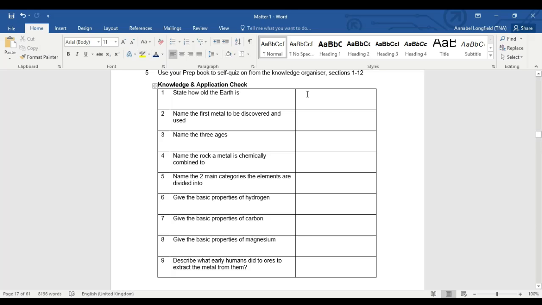Okay, first of all, the Earth is 4.5 billion years old. The first metal to be discovered and used is copper.